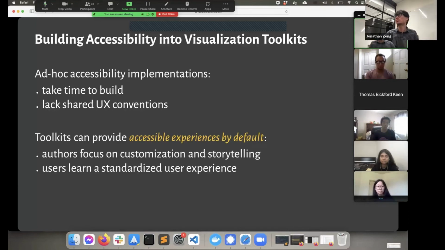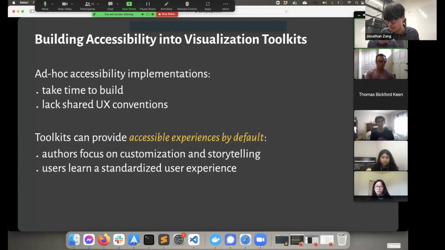So our thought is we want to be building these default accessible experiences into toolkits and software libraries, so that, one, it takes less time to create these things, which means that visualization authors and developers can spend less time making things baseline accessible and spend more time on more interesting things like customization and storytelling.